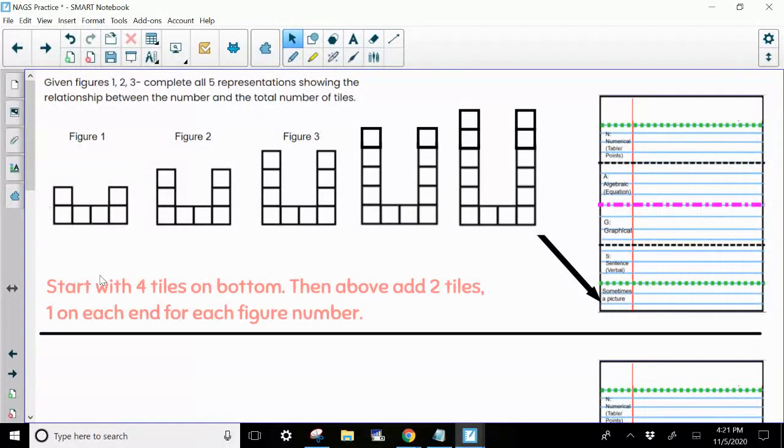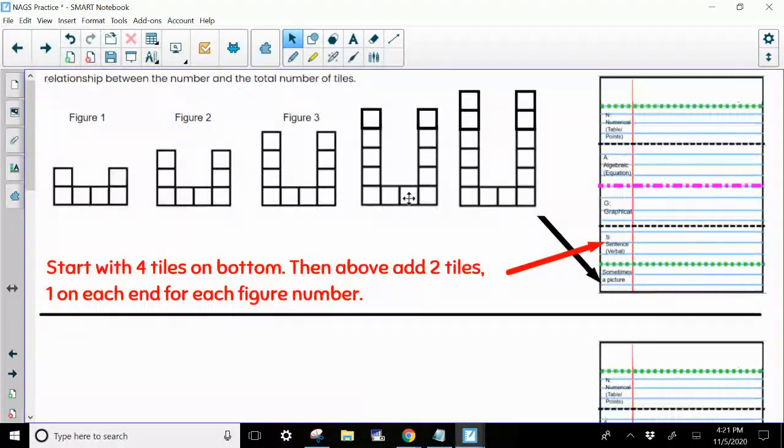So we want to put that into words. So we start with 4 tiles on the bottom, then above we add 2 tiles, 1 on each end, for each figure number. Right? So right there we have just done the two bottom portions of our NAGS organizer.